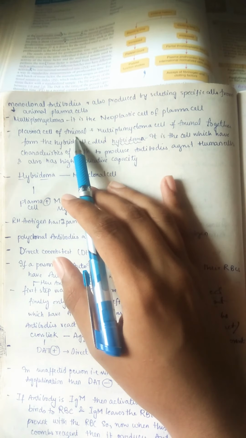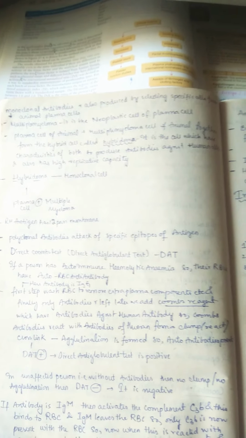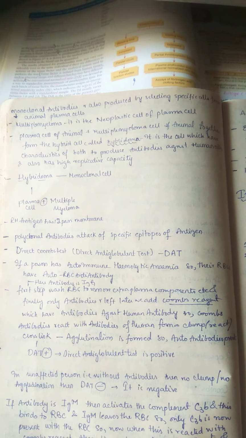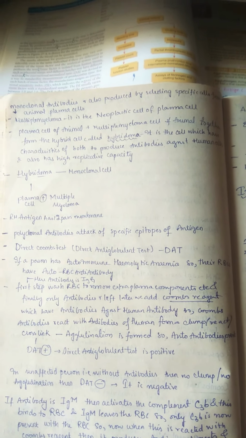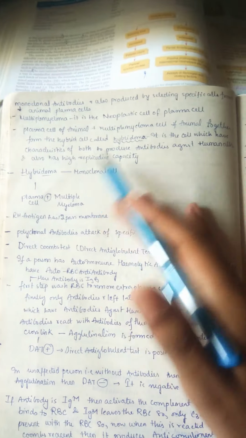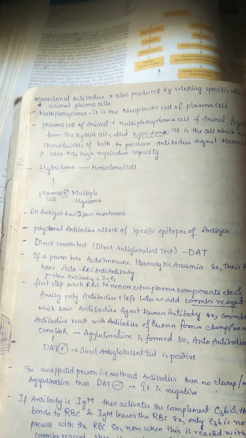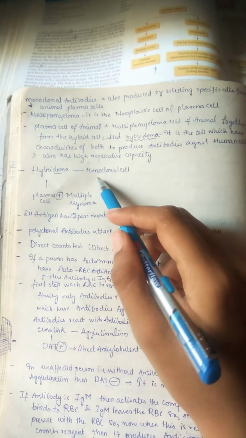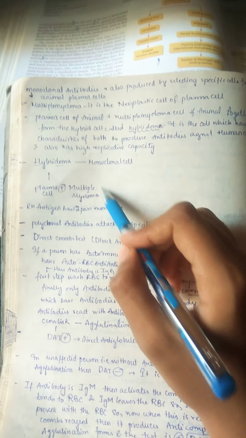The plasma cell of the animal is fused with the multiple myeloma cell of the animal to form a hybrid cell. This is called a hybridoma, and it has the characteristics of both: it produces antibodies against human cells and also has a high replicative capacity. So this is how we form different hybrid cells. Hybridoma is thus a monoclonal cell, a combination of plasma cell and multiple myeloma cell.